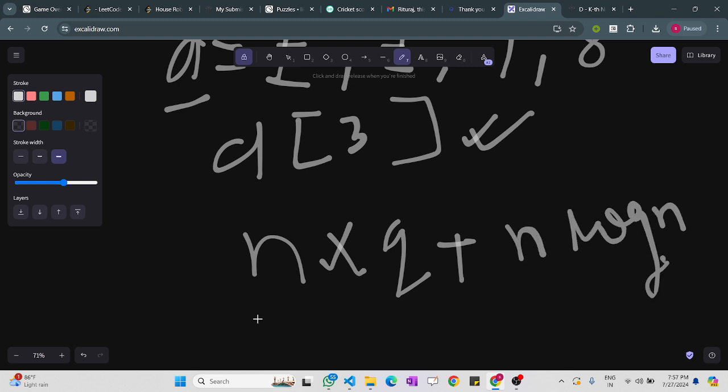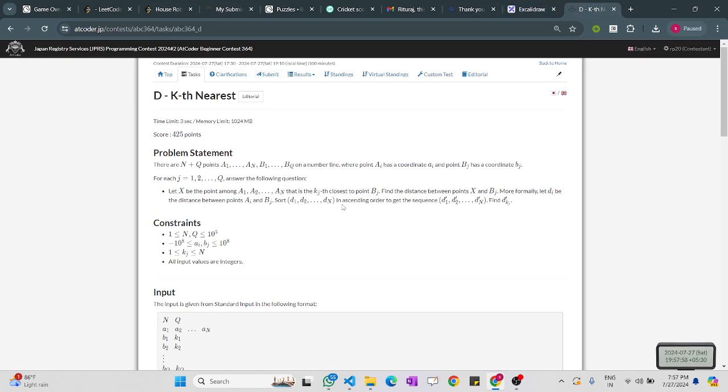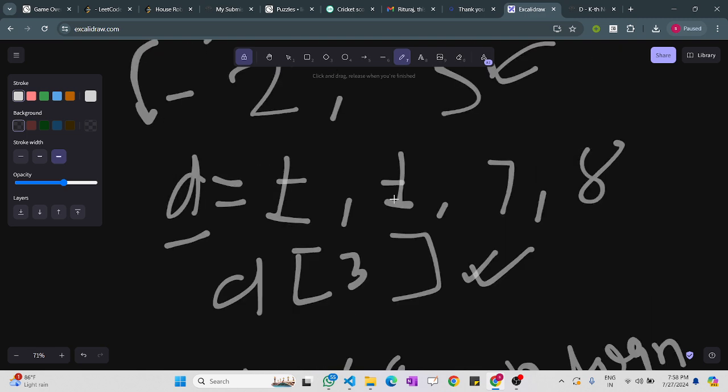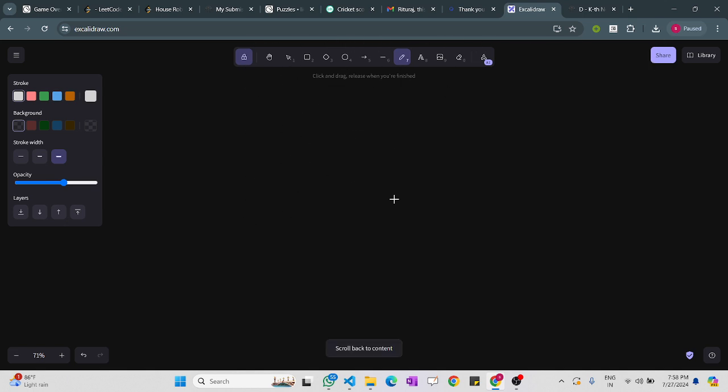You are going to get TLE in this case because n times q is too large: n is 1e5 and q is 1e5, so your complexity is going to 1e10. That is not acceptable, right? You have to think of some optimization in this question. So I think you have got why you will get TLE, and then we will move toward the optimization.